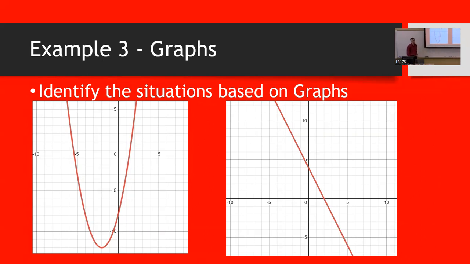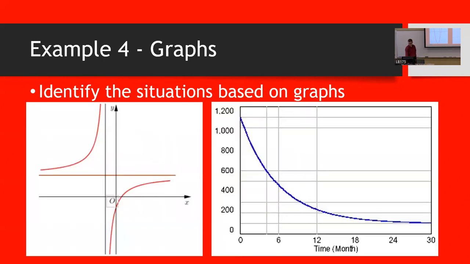On the left, we have a parabola pointed up, so that's a quadratic model. On the right, we have a straight line. That's going to be a linear model. So quadratic model on the left, linear model on the right.